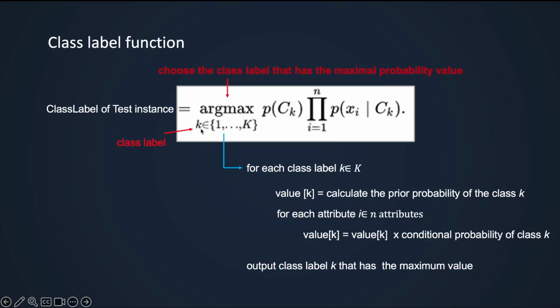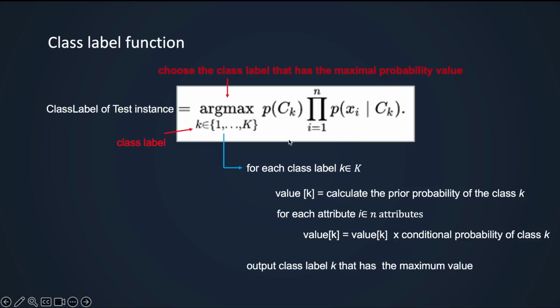So the K here represents the class label. That is, for each class label K in K, what we are going to do is take the prior probability of a class label, and then multiply each attribute that exists in the data with its conditional probability.